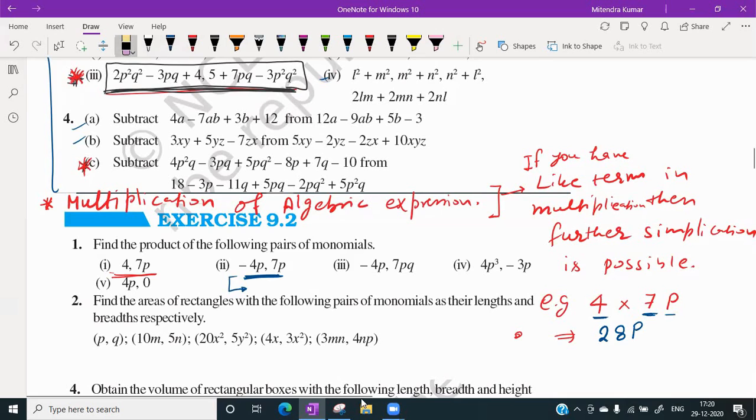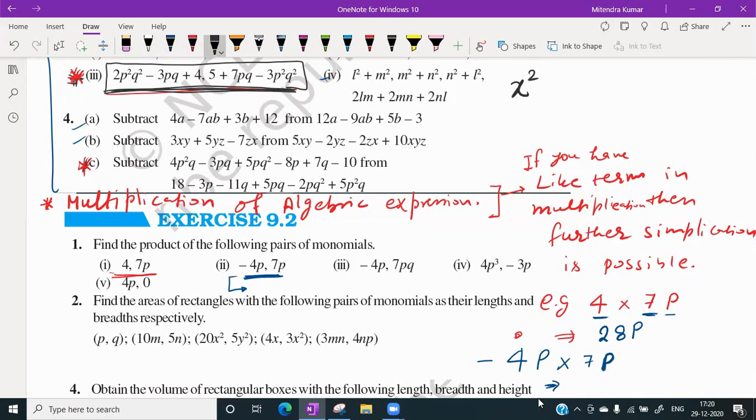So see here, okay, I will write the next example. Or minus 28p. 7p. Okay, listen carefully. Minus 28p square. Yes, correct. So if I write x square, what does it mean?